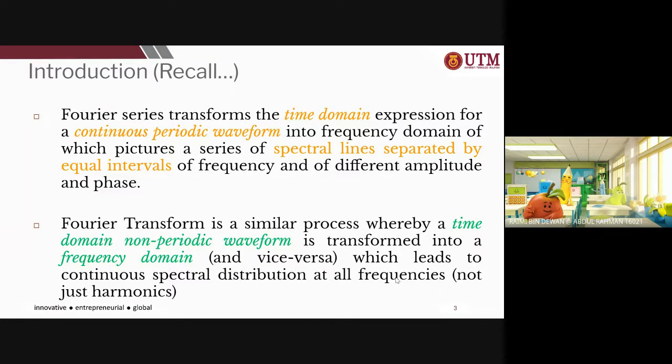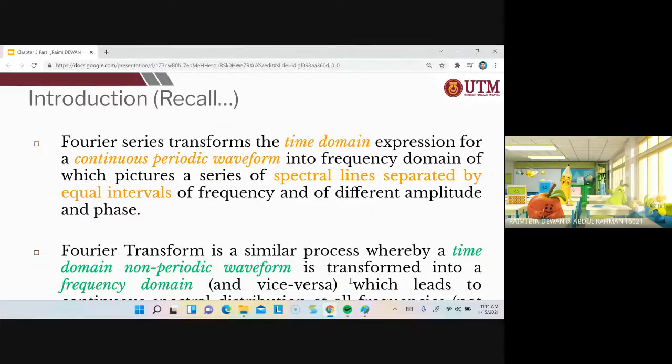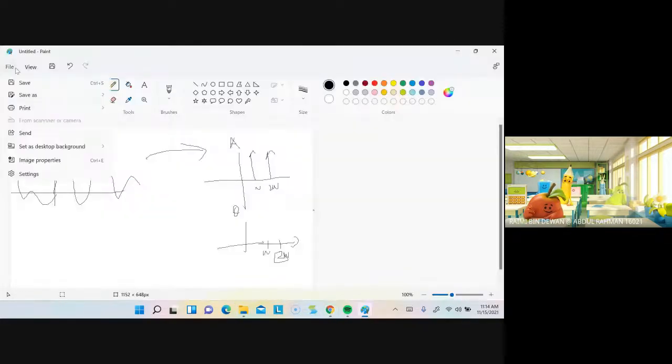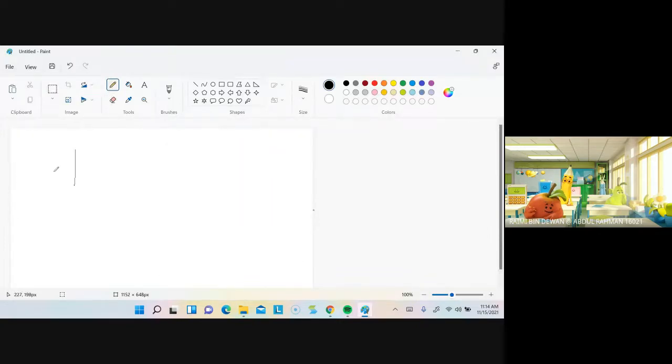So the Fourier transform is the same case but only for the non-periodic. For example, only this one. It's non-periodic, so how will we convert it to become spectral lines?